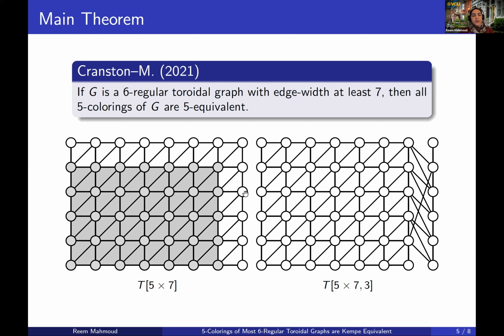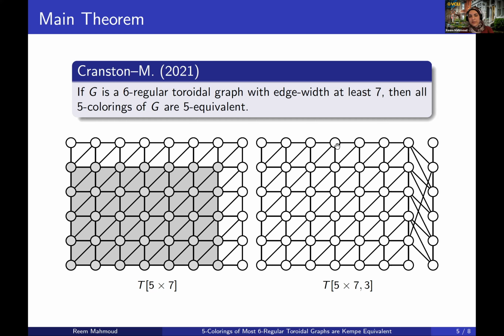The reason I've put them there is to show the adjacencies between the first and the last row and the first and the last columns. And the adjacencies in this case are what we expect them to be. I like to call this the standard structure, and we denote it with T 5x7.